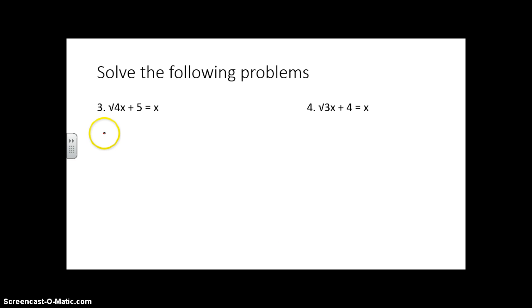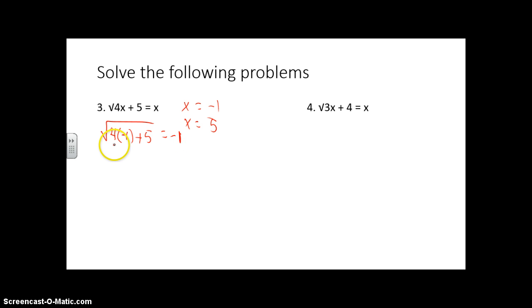So here I have x equals negative 1 and x equals 5. Let's plug in negative 1 for x first. So I have the square root of 4 times negative 1 plus 5. Will that equal negative 1?